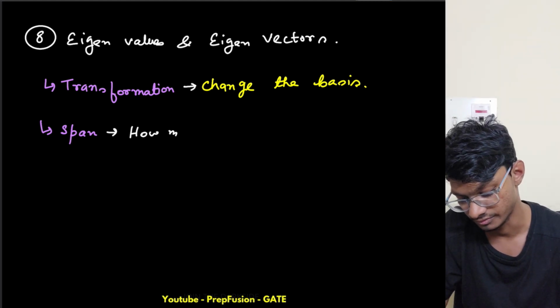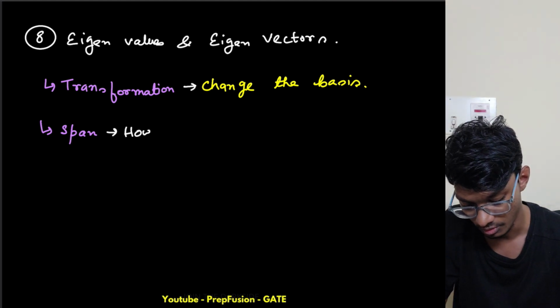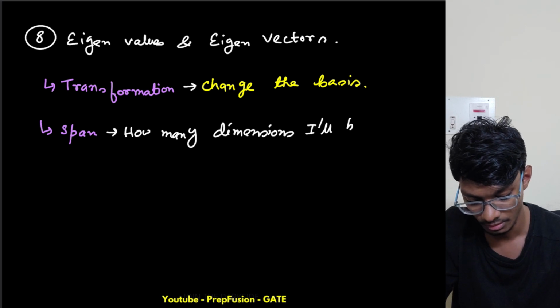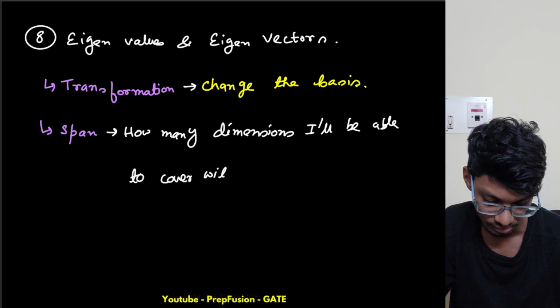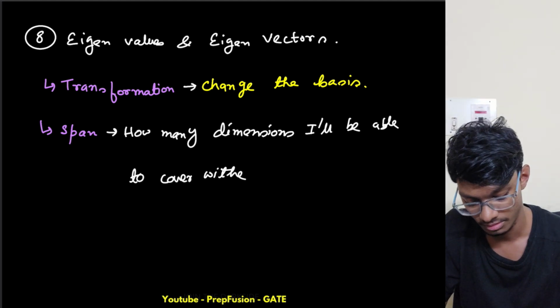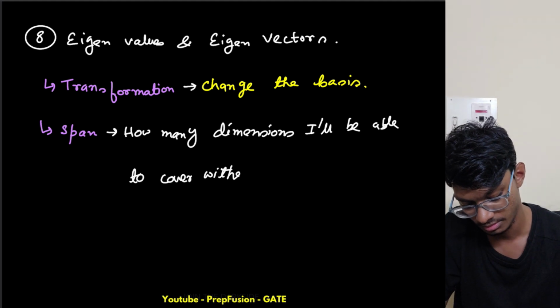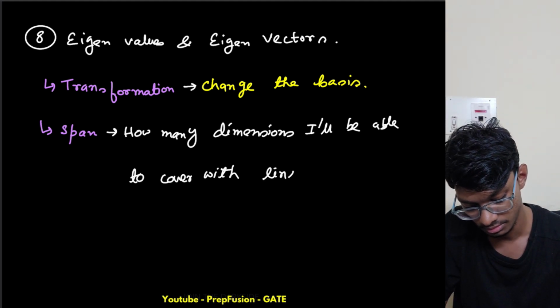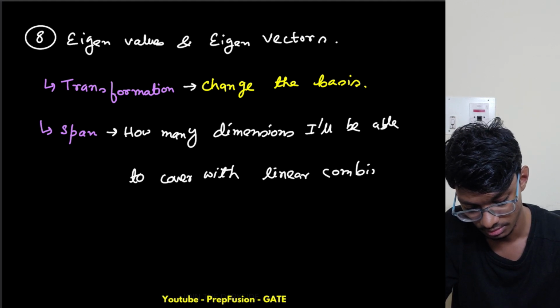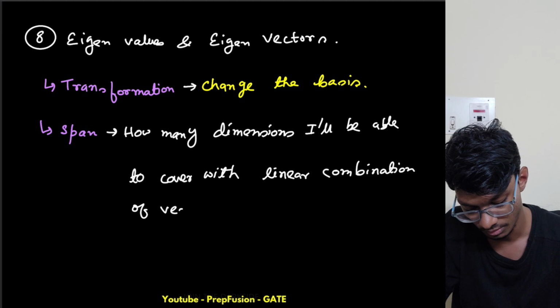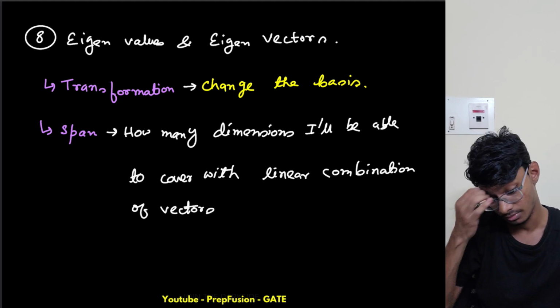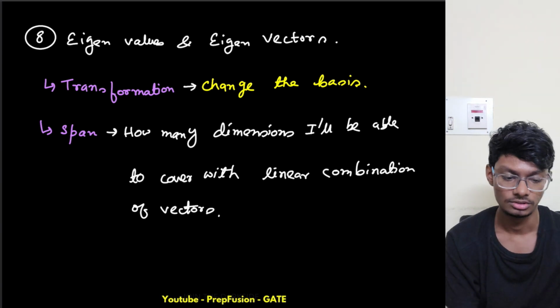That is the main definition of span: how many dimensions I can cover with linear combinations of vectors. So it can be 2D, 3D, anything.